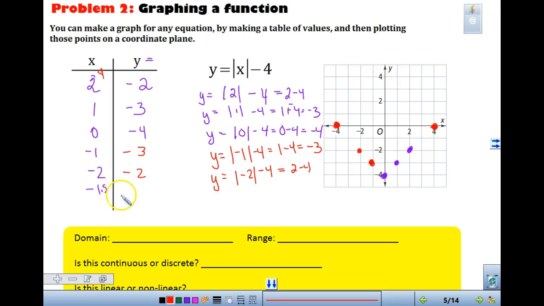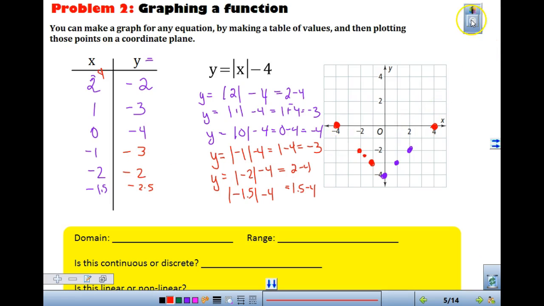Well, we said negative 1.5, right? If I would have plugged in negative 1.5, the absolute value of that, minus 4, that's just 1.5 minus 4. Whereas a negative 1.5 minus 4, it's like right here, right? In between negative 1 and negative 2, it's like at negative 2.5, right? In between these two.